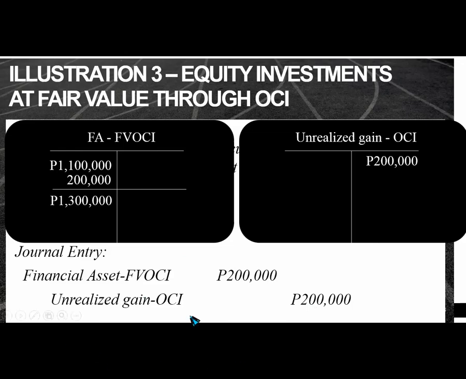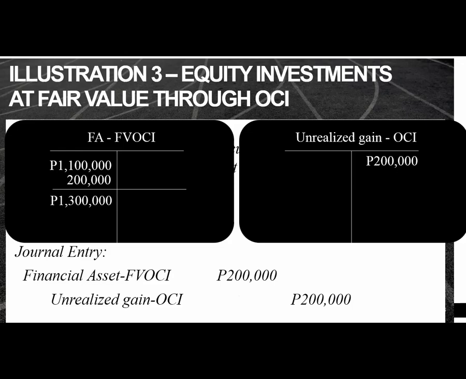So, itong unrealized gain na to, na 200,000, ito yung mapupunta doon sa other comprehensive income under the statement of comprehensive income. No? So, you have 200,000. So, mga changes yan sa asset na hindi naman dumaan doon sa profit or loss. So, doon natin siya ilagay sa OCI.